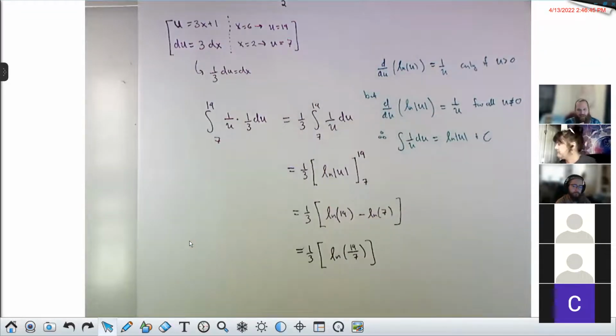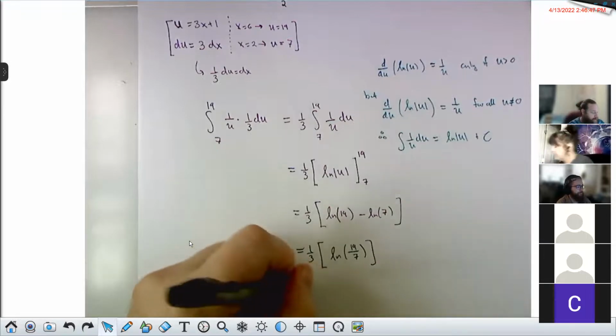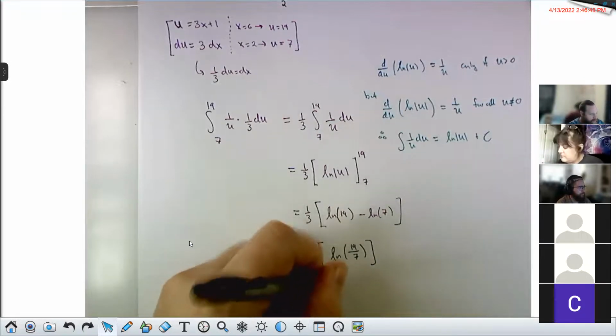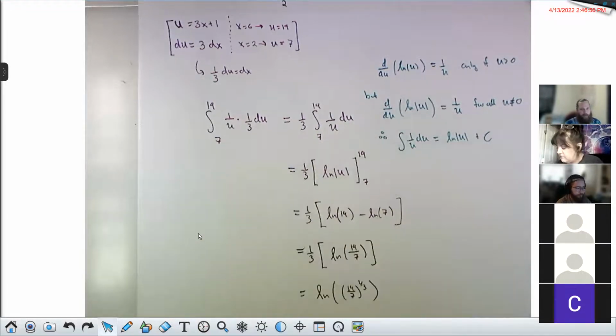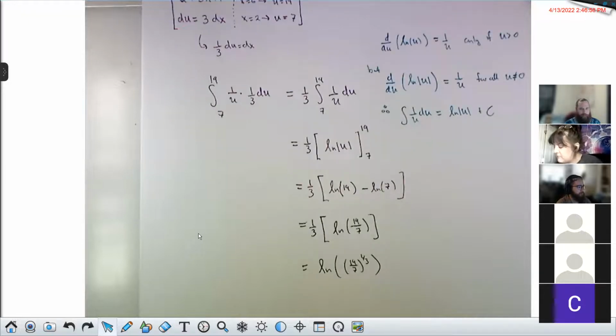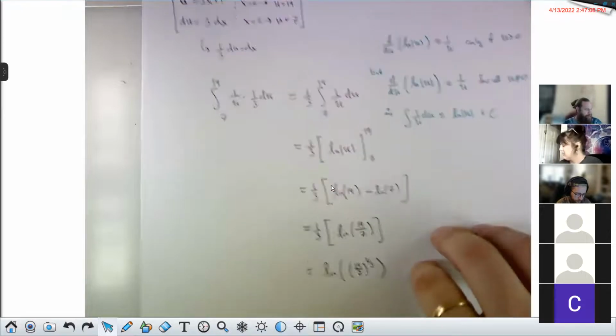But there really isn't anything else. I mean, if you wanted to, you could bring the 1/3 in. You could write this as the natural log of 19/7 to the 1/3. But yeah, we won't have to plug it into a calculator or anything. No, in fact, I would way prefer this over a decimal. Yeah, this is exact. Okay. The decimal is just an approximation. Thank you. Yeah, no problem.